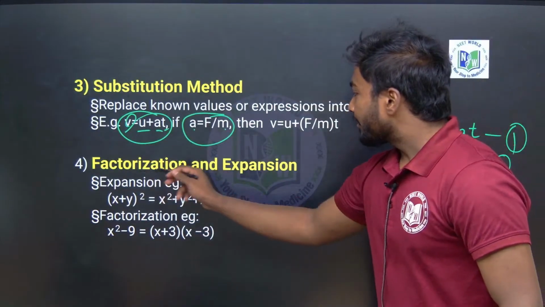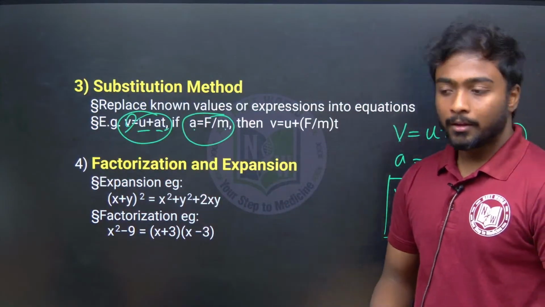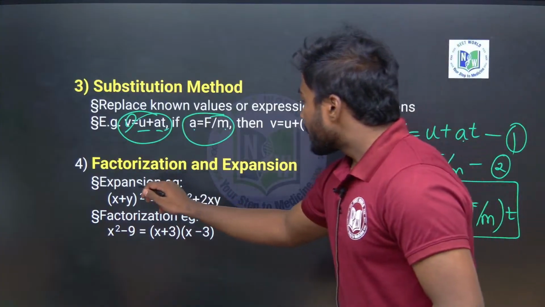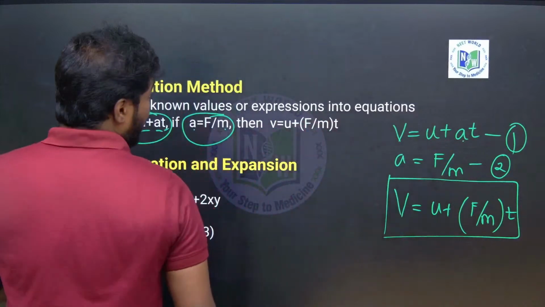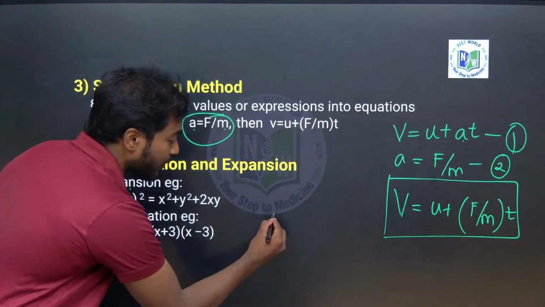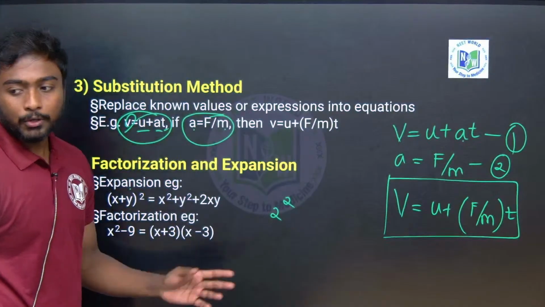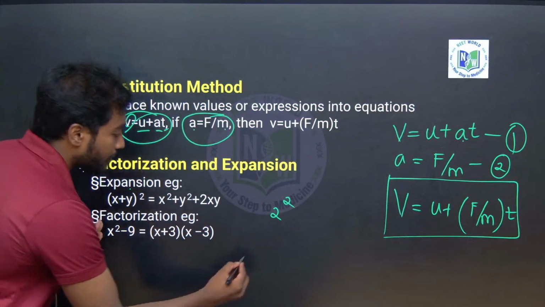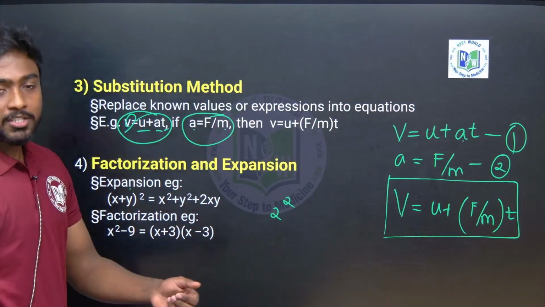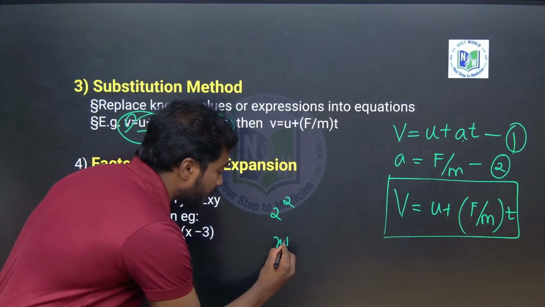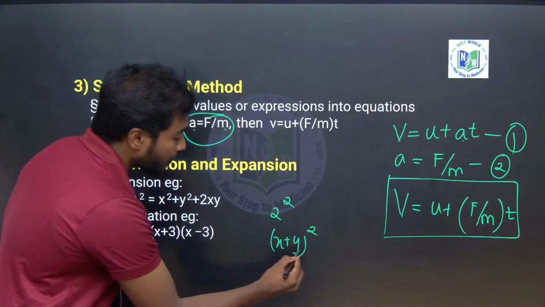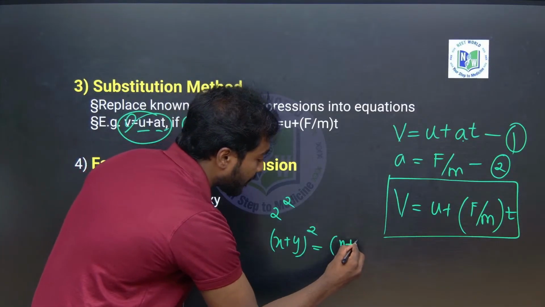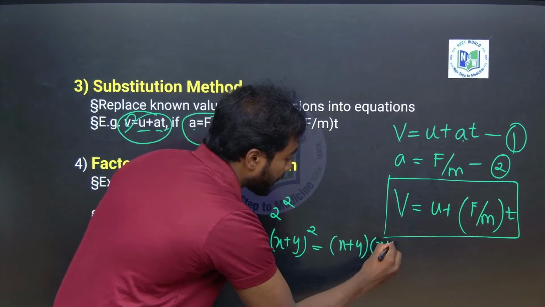So next is factorization and expansion. First we will see what expansion is. In exponents and powers, we have seen that 2 square means 2 into 2. Similarly, in this case we are dealing with constants. So x plus y the whole square means x plus y into x plus y.